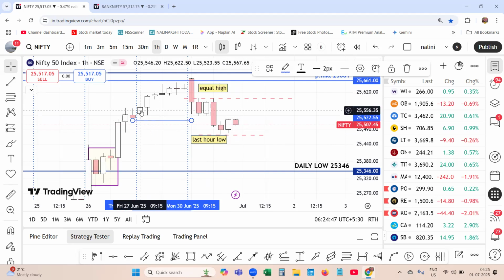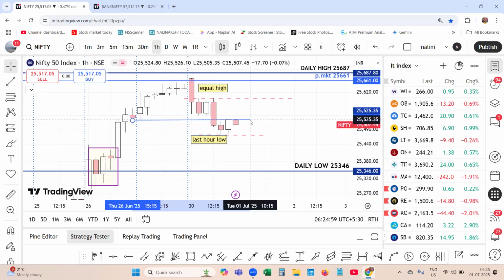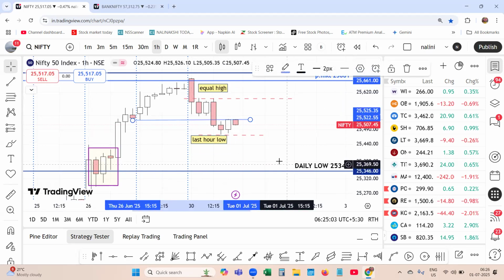That is, the previous day low is 25,523, and it has closed below the previous day low, at 25,570. If you see this pattern on the daily, it is a bearish engulfing candle.